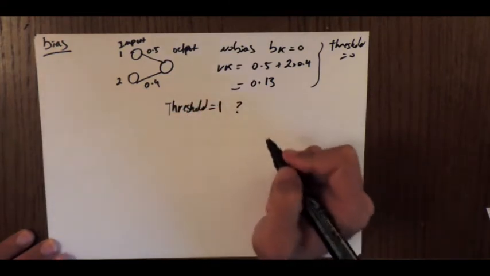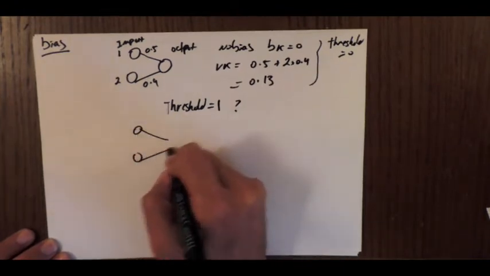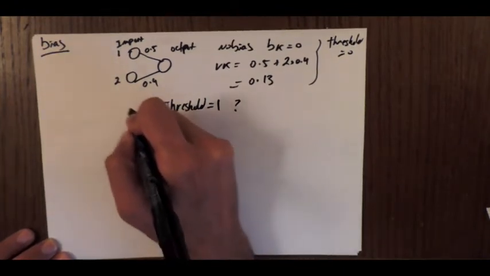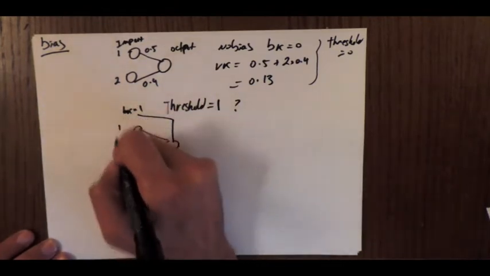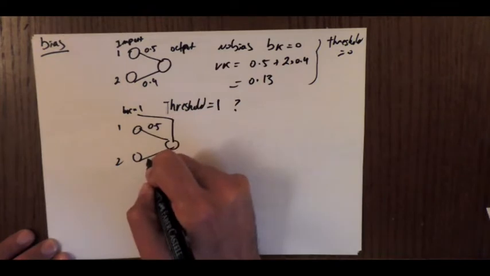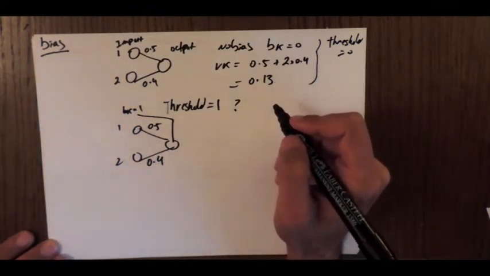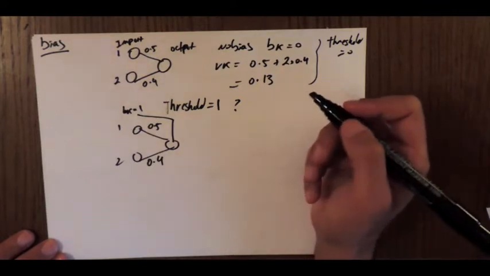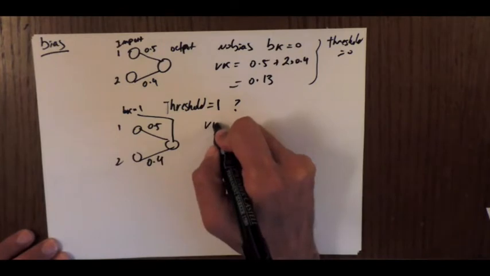So how can I do this? Typically, I add a bias b_k equal to 1. So in this case, if I want to say everything above 1 will fire, everything less than 1 will not fire, then let's find v_k.